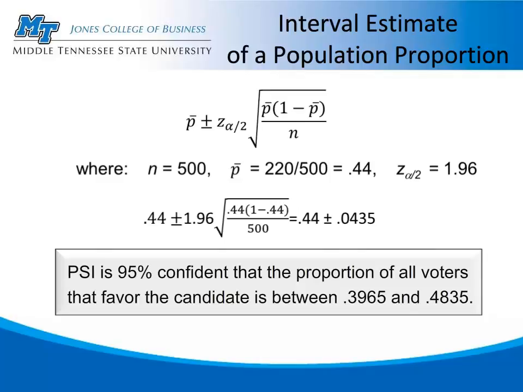You get the z-value from the z-table. At a 95% level of confidence, you're going to put that 95% in the middle. The value of alpha would be 5%. Half of that goes in the lower tail, half of that goes in the upper tail. If you have half of that, which would be 2.5% in the upper tail, then there's going to be 97.5% that's below that.